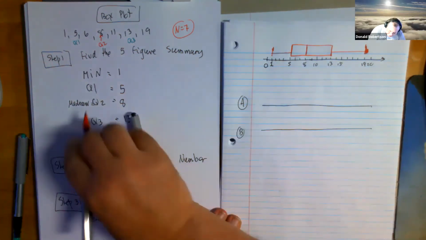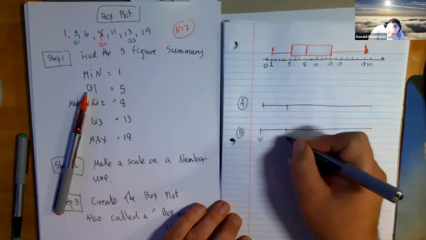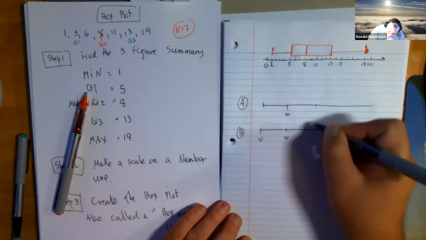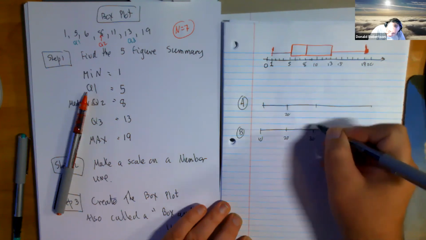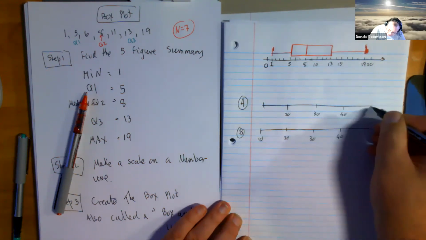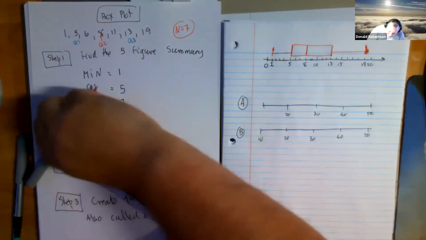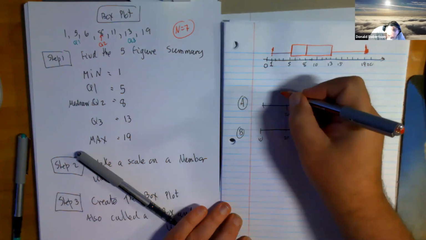And we'll have that as 10, 20, 30, 40, 50. And the first class looked like this.